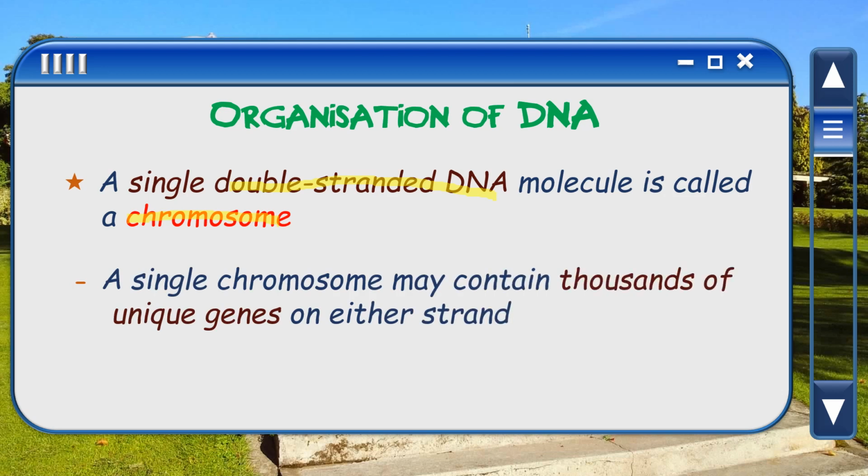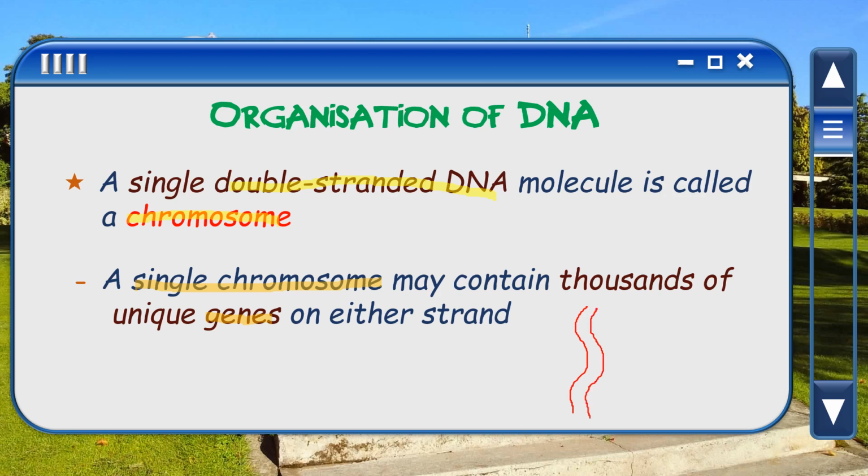A single chromosome may contain thousands of unique genes on either strand. So we are saying that a chromosome is double-stranded, meaning that you have a chromosome which is like that.